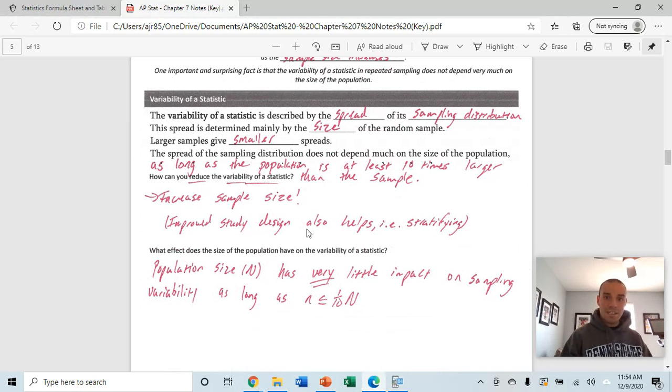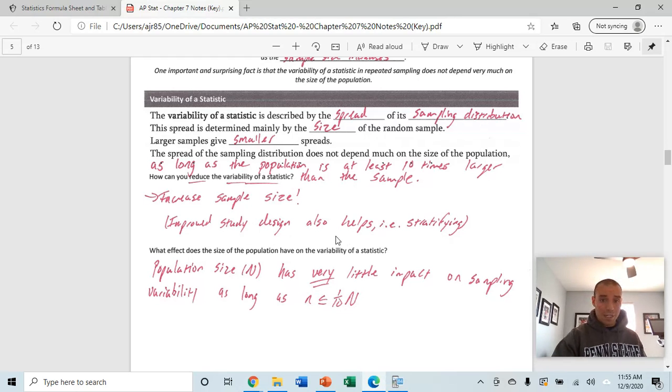So the variability of a statistic is described by the spread of the sampling distribution. This spread is determined mainly by the size of the sample. Larger samples give smaller spread. The spread of the sampling distribution does not depend much on the size of the population, as long as the population is at least 10 times larger than the sample.